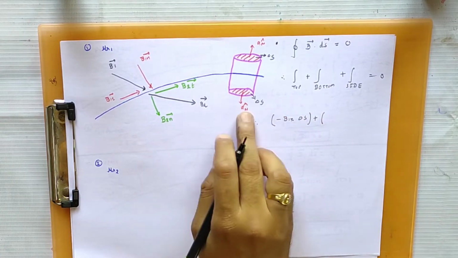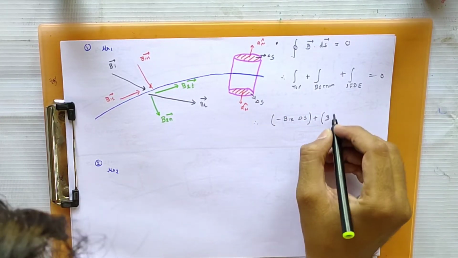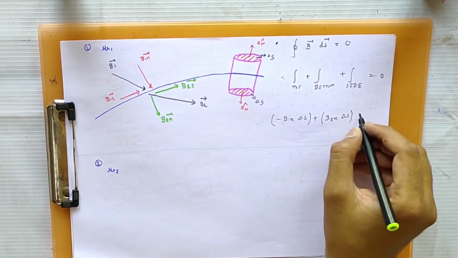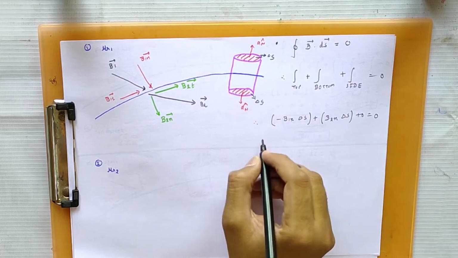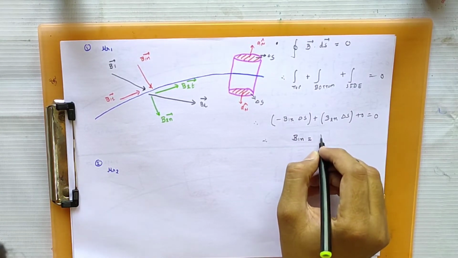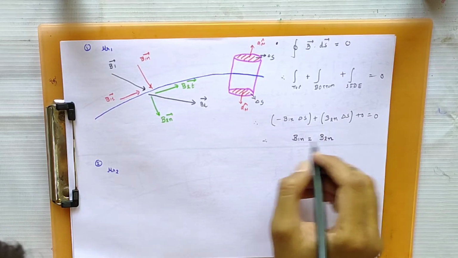For the bottom, b2n and the area vector are in the same direction, so plus b2n delta s. The side wall contribution is 0. So we can say that the normal component b1n is equal to b2n.